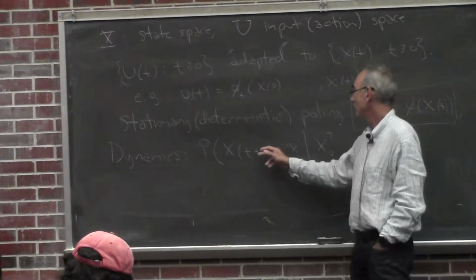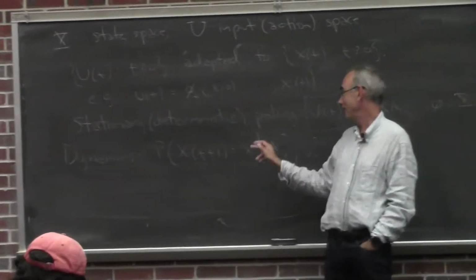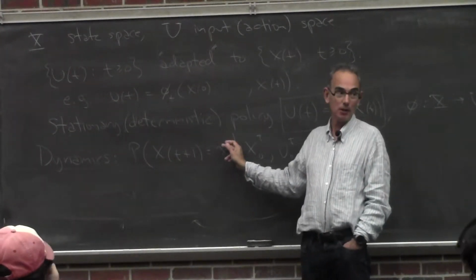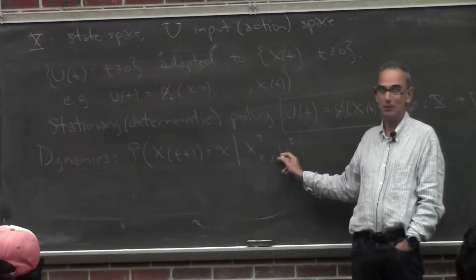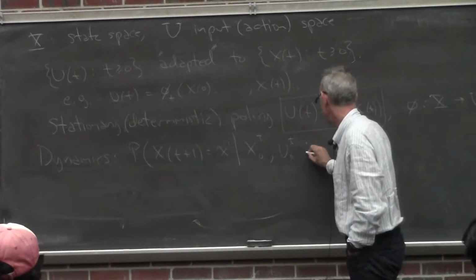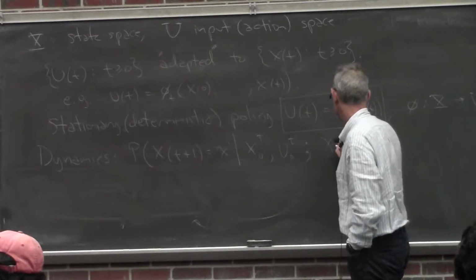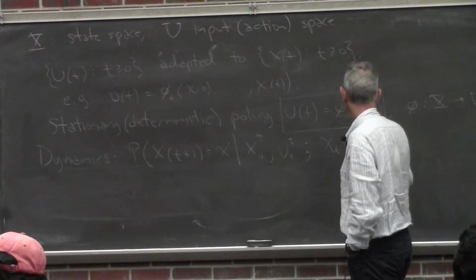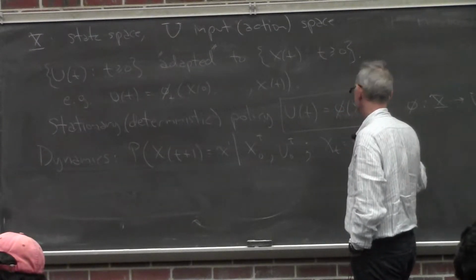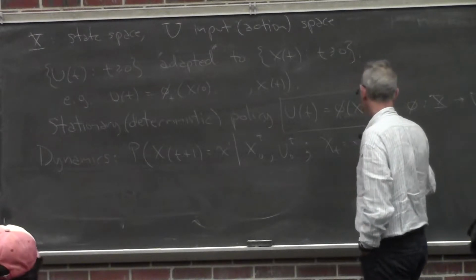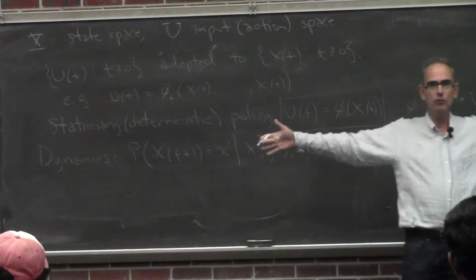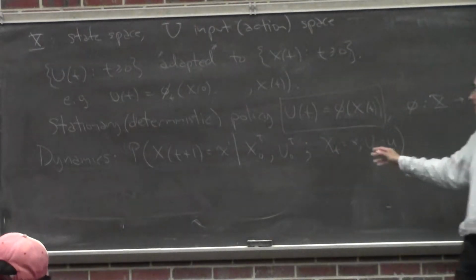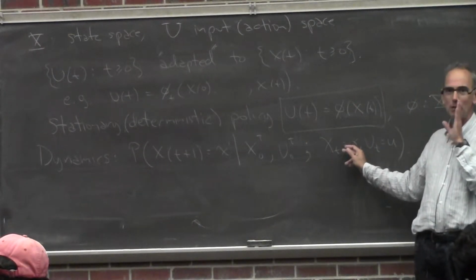So now I have to look at the probability that in one step in the future, I'm at state x prime, given measurements of all the past states and all the past actions or inputs. And I'll put a little semicolon here. A conditional probability is always a function of the observations. I'm just saying, hey, we happen to see x and u.